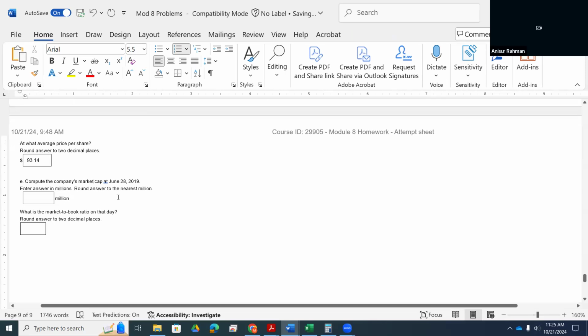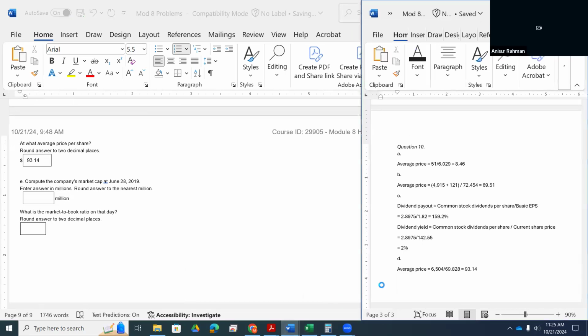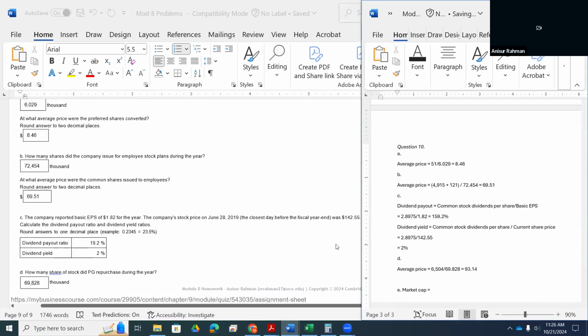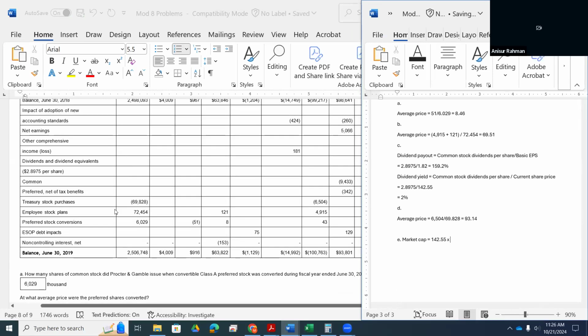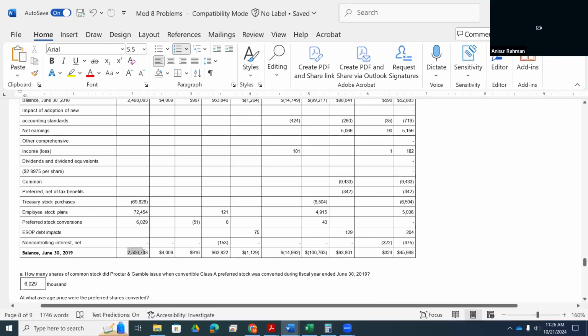Compute the company's market cap. As before, market cap is equal to market price per share, which we have here, 142.55, times number of shares outstanding. So balance June 30, 2019 is this much.